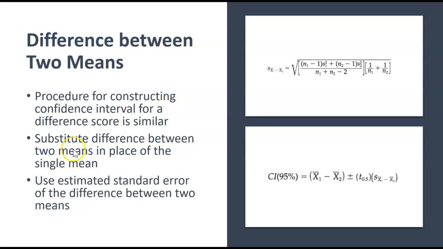So instead, you're going to substitute difference between two means in place of a single mean, which is what we did on the previous slide. And you're going to use the estimated standard error of the difference between the two means, as opposed to the standard error of just one mean when we're working through the formula.